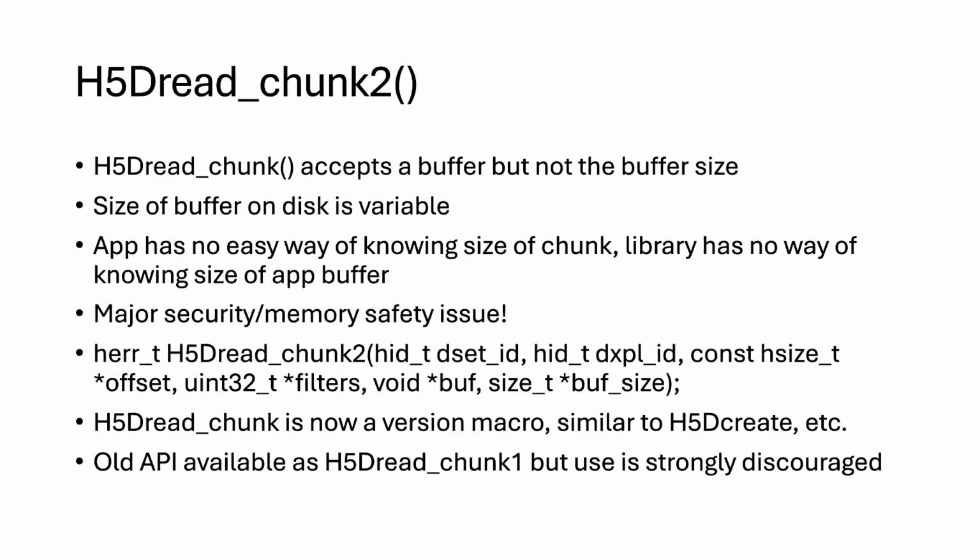So I think in practice, most people probably just allocate the unfiltered size of the chunk and pass it to H5Dread_chunk, but it's possible for a filter to grow the size of a chunk. So the application passes a buffer that's big enough for the unfiltered chunk, and then the library gets this buffer, which is just a pointer. And remember, a buffer in C is just a pointer to the start of the buffer. It has no information about where the end is.